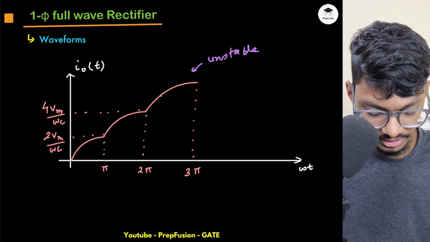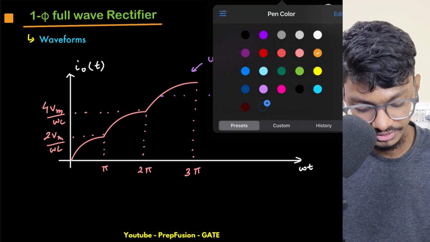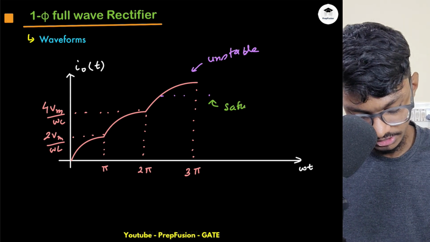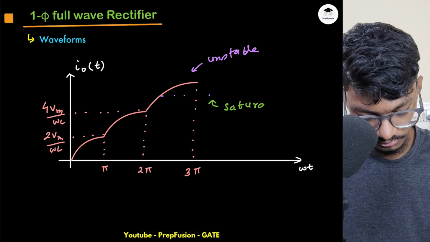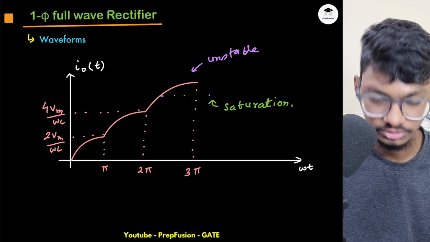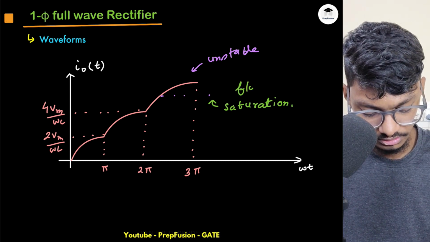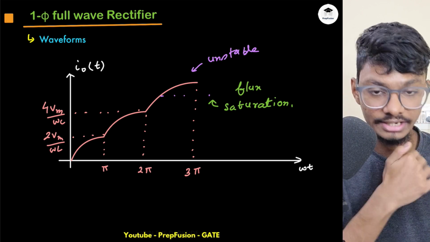At a certain point, if you have studied machines, it will hit saturation, because the flux will saturate. An inductor has only a finite amount of flux that it can produce.